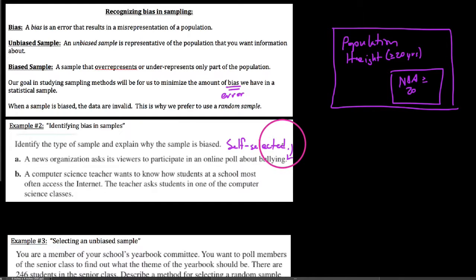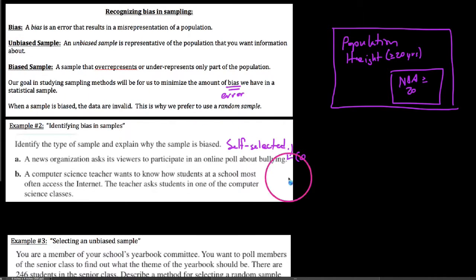I know it sounds kind of harsh, but maybe the type of person who would take the time to respond about bullying may be the type of person who feels really strongly about bullying, or maybe doesn't feel very strongly at all. And maybe those things are connected, but you're not going to get an accurate picture about what people feel about bullying unless you also ask the people who didn't respond, which we don't have that data. So we're only getting results here.